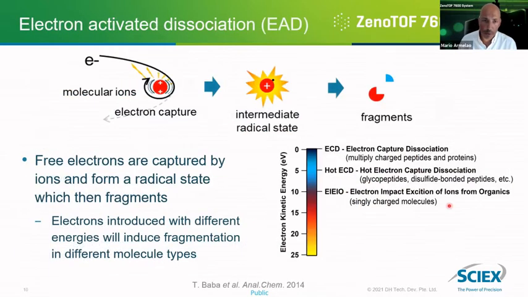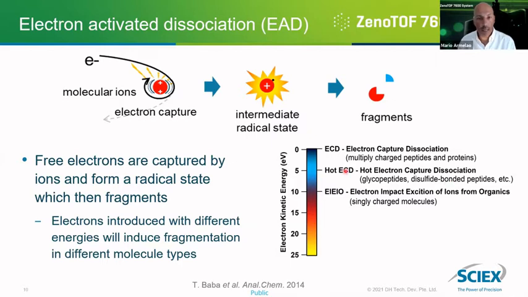So for those that were thinking ECD, yep, exactly. EAD stands for electron activated dissociation, and you can operate at an energy regime that would allow you to do this type of fragmentation. So typically used for top-down approach, for example, or a little more energetic electrons would allow clear characterization of post-translation modifications.